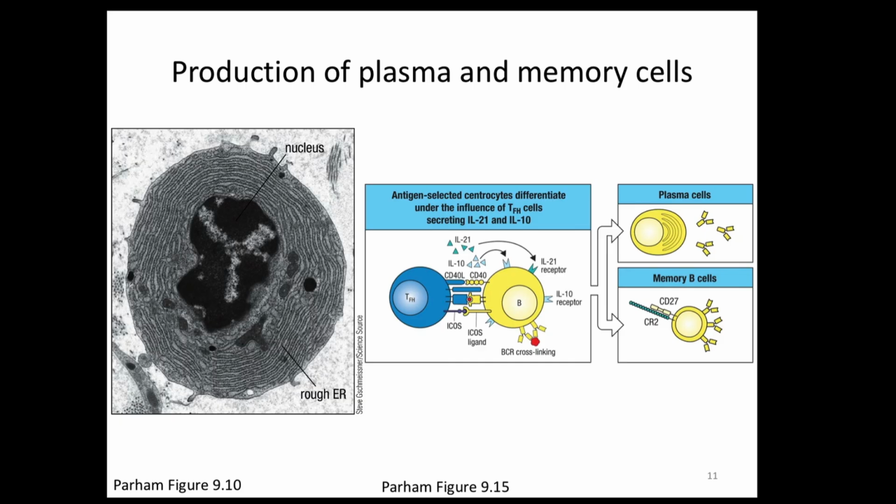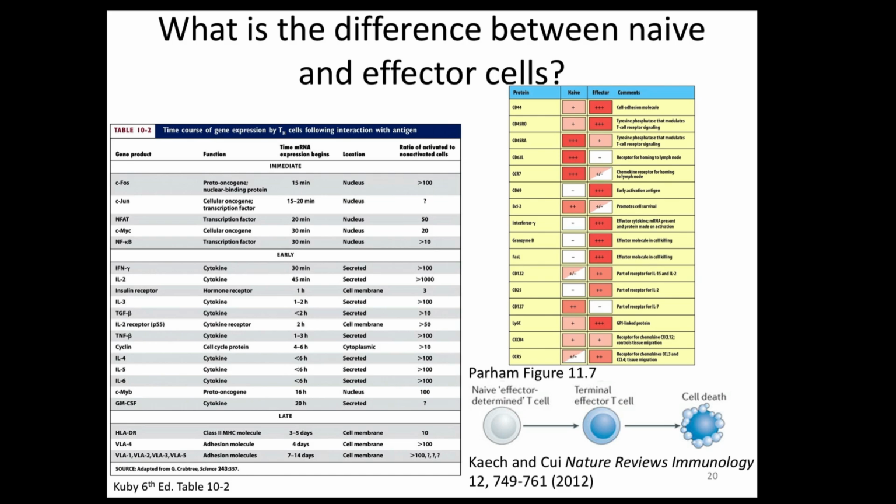There are lots of other ways that naive cells and effector cells differ from one another. One of the differences is how much they will make of different products, like how much they will transcribe different products. So for example, here's one product, IL-2.